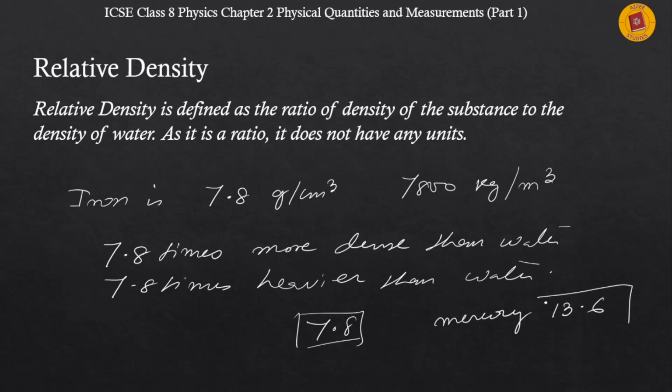We immediately understand that mercury is 13.6 times heavier than water. Right? Or if we take the same volume of mercury and water, that mercury is going to weigh 13.6 times that of water. Right? So think carefully.